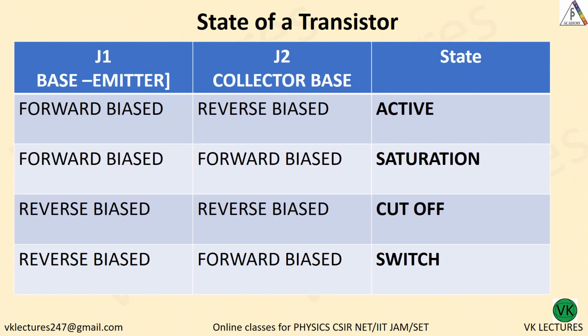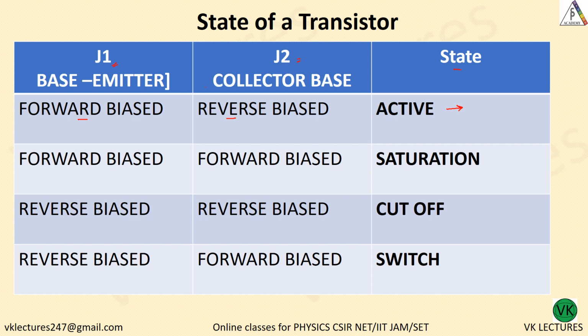According to the biasing condition of junction 1, which is base-emitter, and junction 2, which is collector-base, there are different states of a transistor. If junction 1 is forward and junction 2 is reverse biased, it is the active mode, where most of the time we use the transistor.